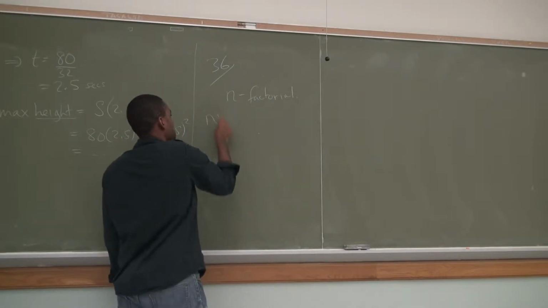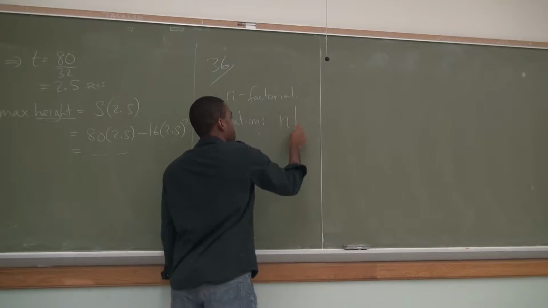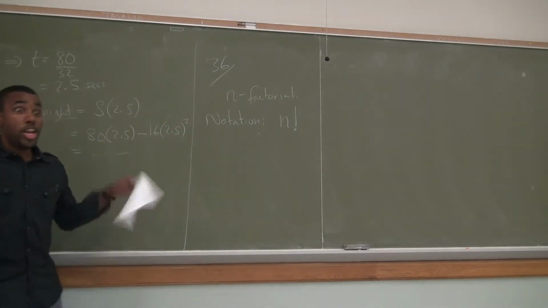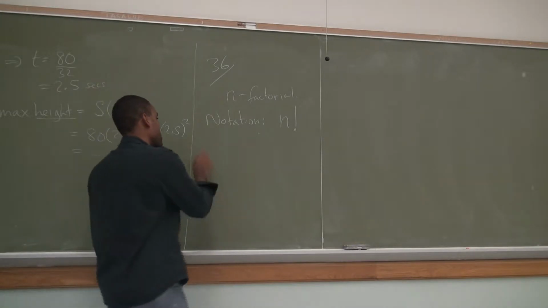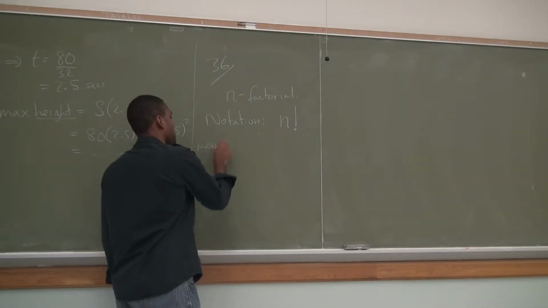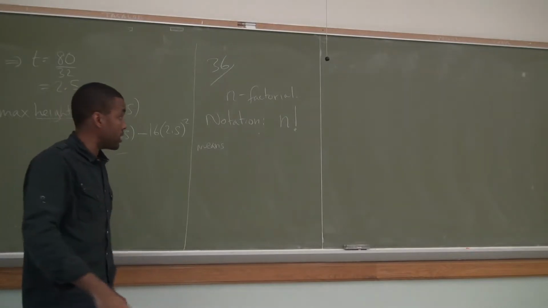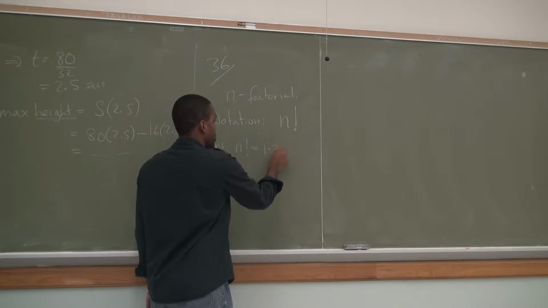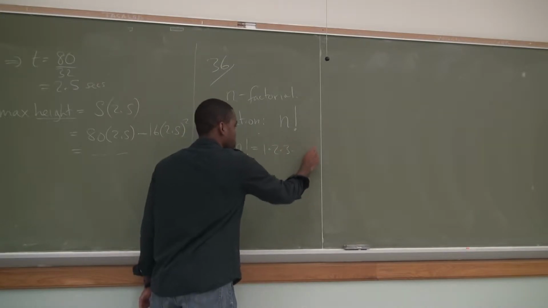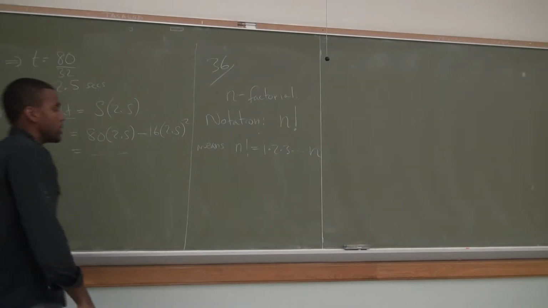The notation is the following: n with an exclamation, n!. Get excited. When n is an integer, it actually means the product of all integers from 1 up to n. So n factorial is equal to 1 times 2 times 3 until you get up to the number n.